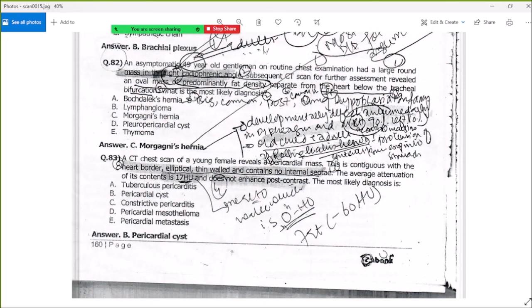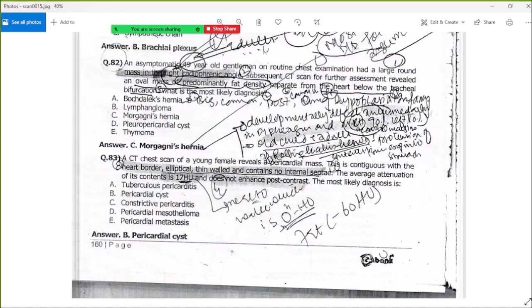Question 82. An asymptomatic 49-year-old gentleman on routine chest examination had a large round mass in the right cardiophrenic angle. Subsequent CT revealed an oval mass of fat density separated from the heart, below the tracheal bifurcation. Most likely diagnosis is Morgagni hernia.